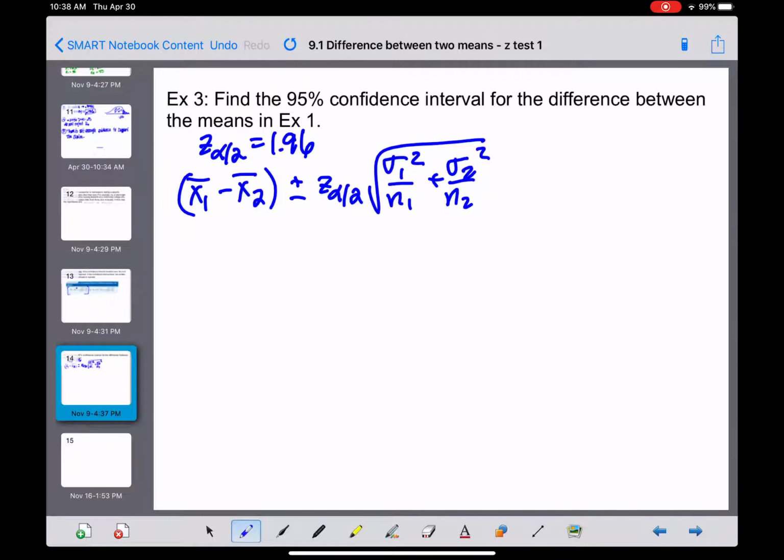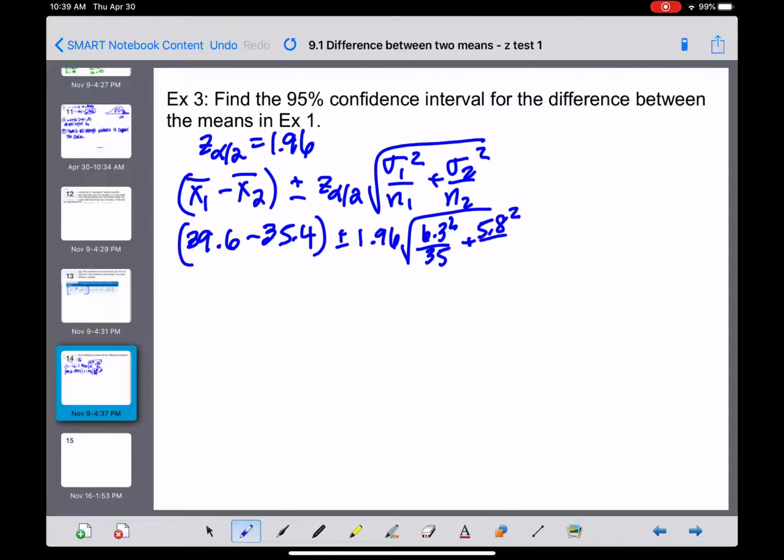Okay. So we plug in our data from that first example: plus or minus 1.96, and then I have 6.3 squared over 35 plus 5.8 squared over 35. So I get 4.2 plus or minus 2.8.